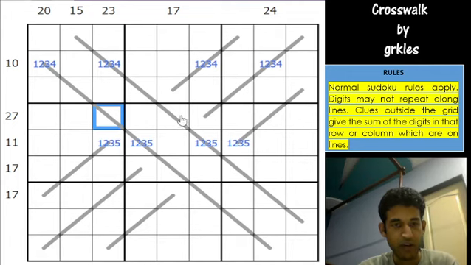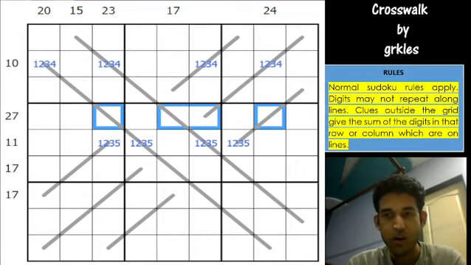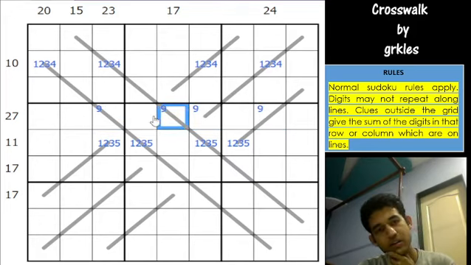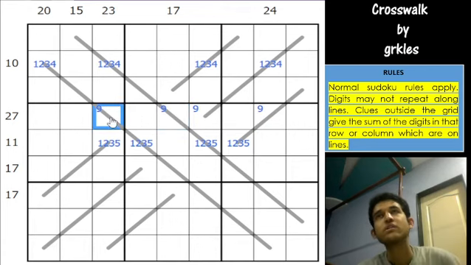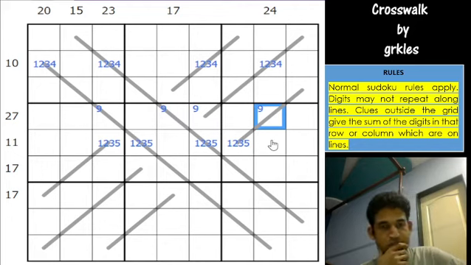So we have 4 digits on the lines along that row, and we know that 27 from 4 digits always needs to contain a 9, without which you cannot have a 27. So one of these 4 cells must be a 9, and if you don't have an 8, then the sum gets fixed. It should be 5, 6, 7 and 9, but the thing is that 8 can be in one of these 4 cells.